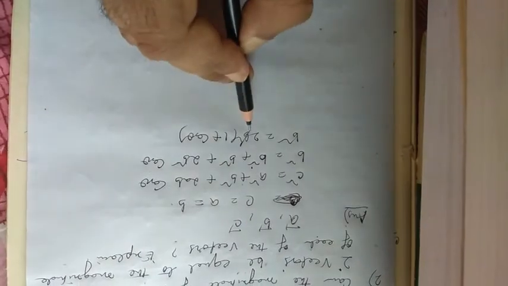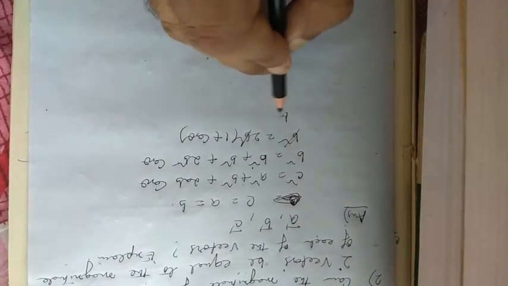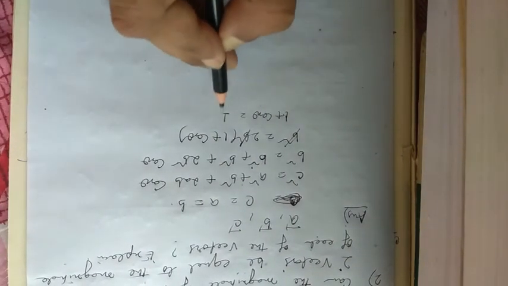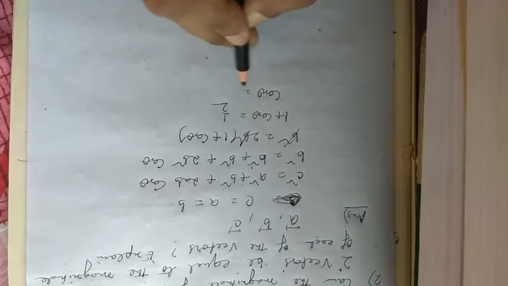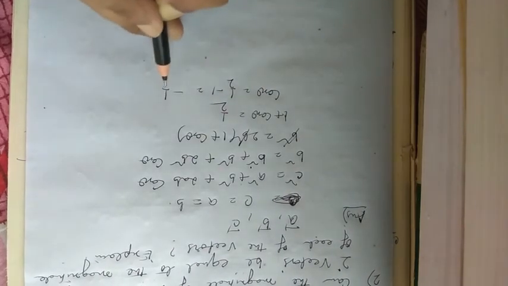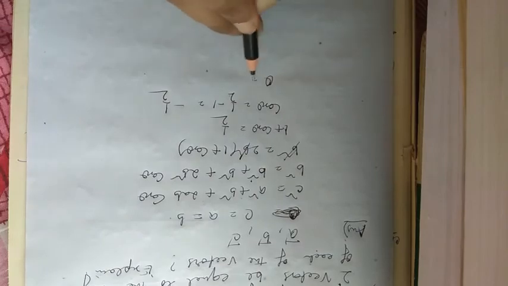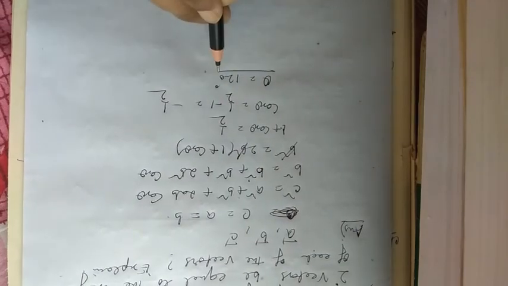So b square gets cancelled out. 1 plus cos theta becomes half. Cos theta is equal to half minus 1, which means minus half. That means theta is equal to 120 degrees.